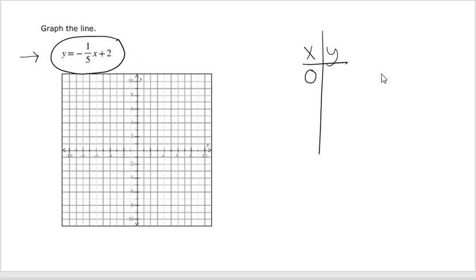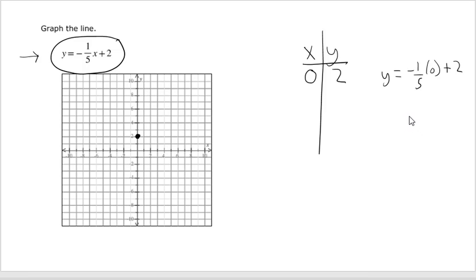Okay, so if I let the x be 0, that means y is going to be equal to negative 1/5 times 0 plus 2. Negative 1/5 times 0 is 0. 0 plus 2 is 2. Okay, so this gives me an ordered pair 0, 2 that is on this line.